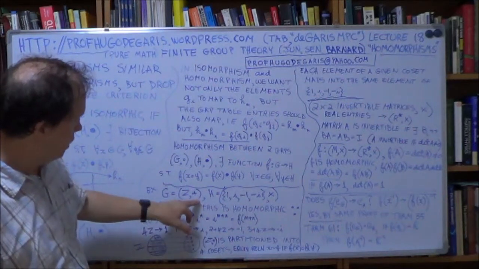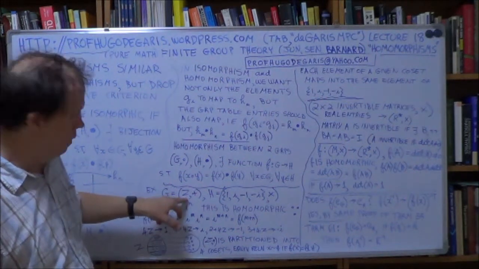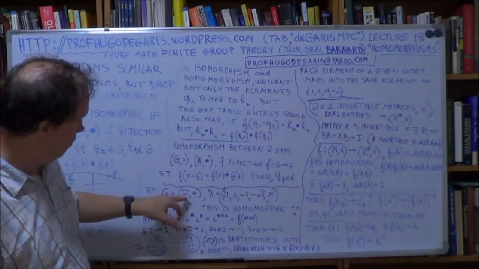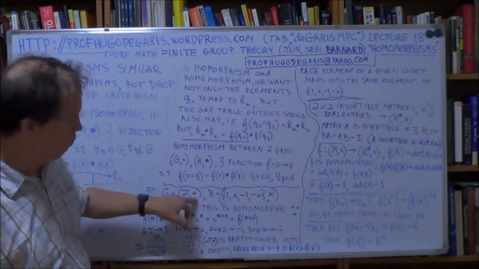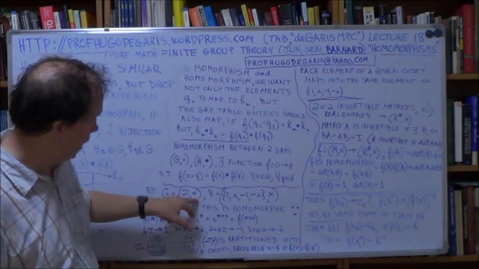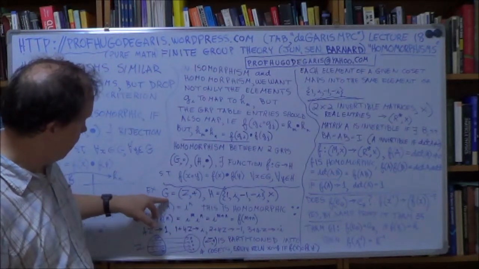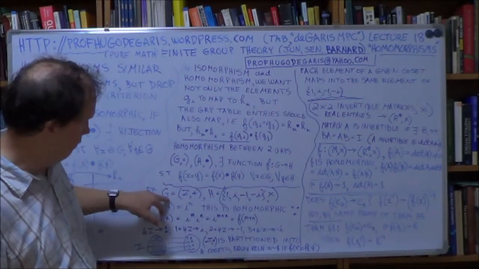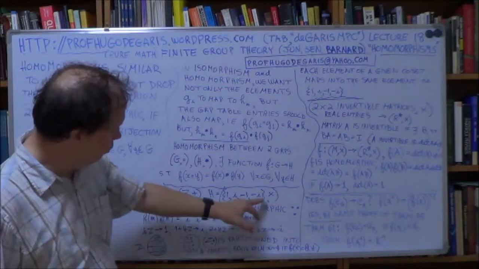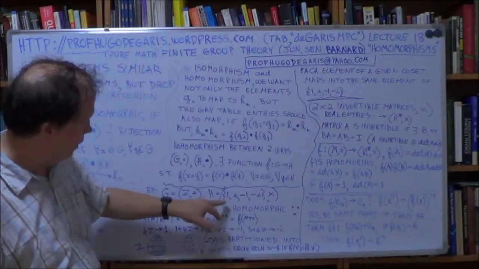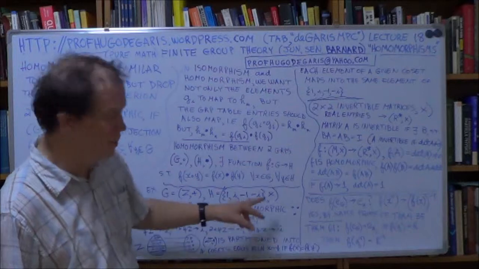Here's the group. It's just the set of integers, so it's an infinite set, and the binary operation is just plus. You're just adding integers, right? And we're going to map this infinite set, in fact, into a very small group consisting of 4 complex numbers, right?